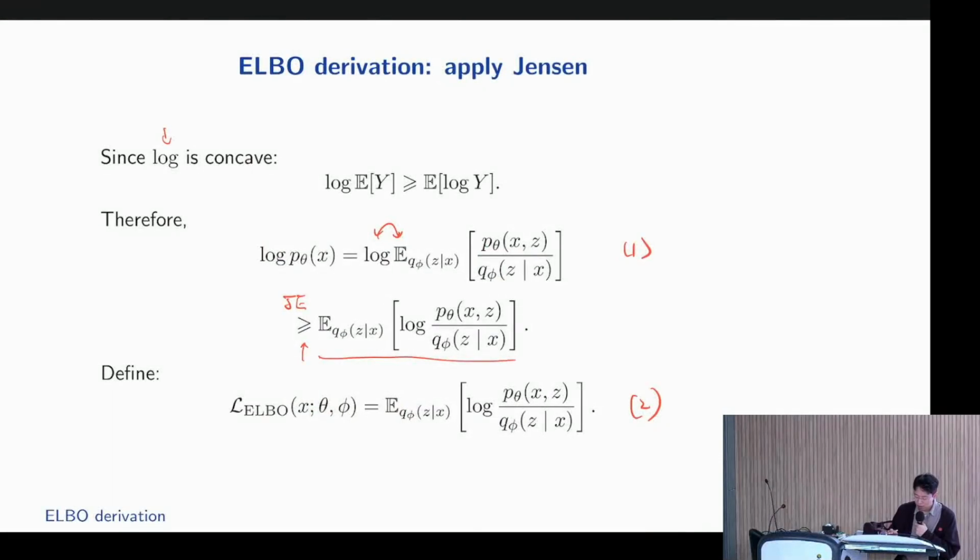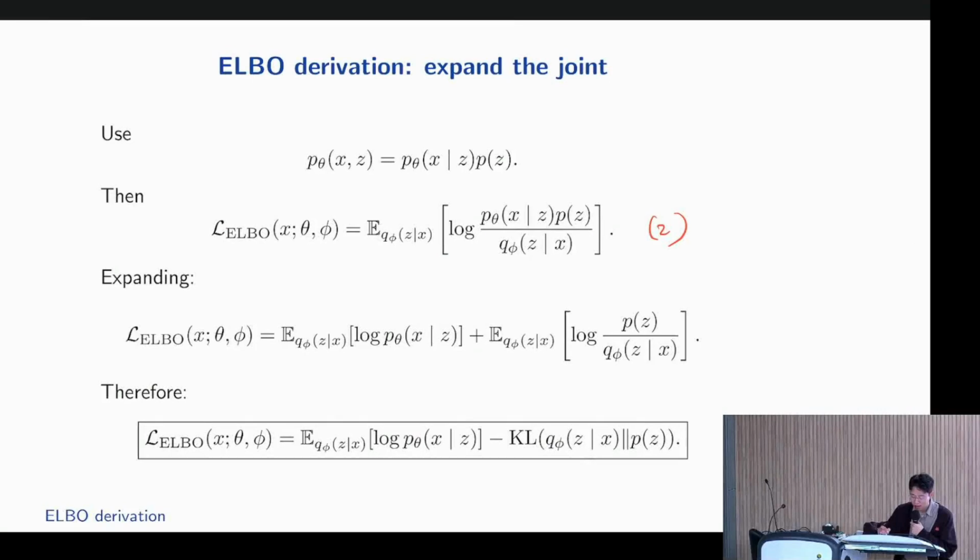What I'm going to do next is apply Bayes' rule, or the definition of conditional distribution. From this joint distribution of x and z, I'm going to rewrite it as probability of x given z times p of z. This is just the definition of conditional distribution.